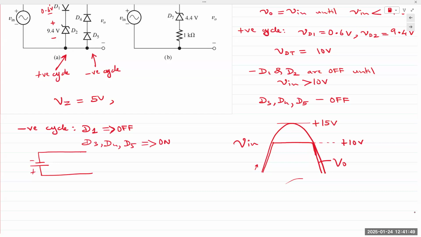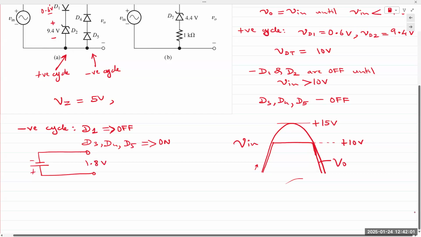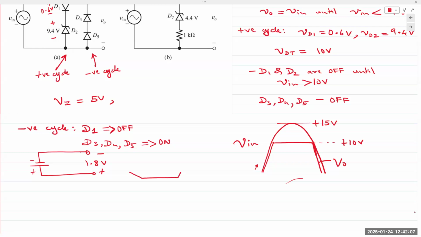And it takes them 0.6 volts to turn on. So if it takes them 1.8 volts to turn on, it's going to hold the output at 1.8 volts. And hence, your negative half cycle is going to look like this. So let's say we are applying 15 volts.